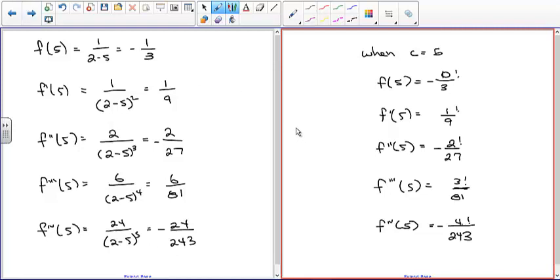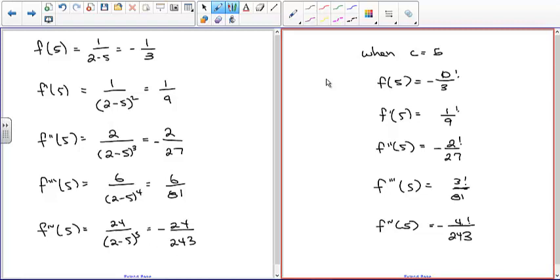Another way of writing this is that these numerators are factorials. This is 3 factorial, this is 4 factorial, 5 factorial. So instead of writing it with just the integers in the numerator, I'm going to write those integers as factorials. So 6 becomes 3 factorial, 24 becomes 4 factorial.